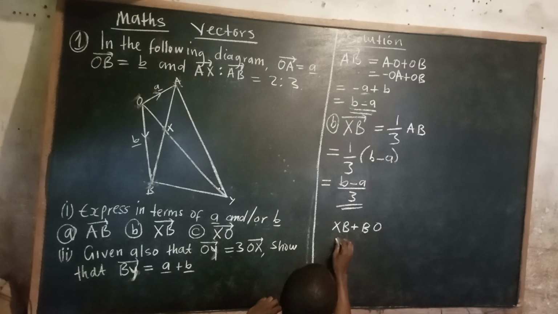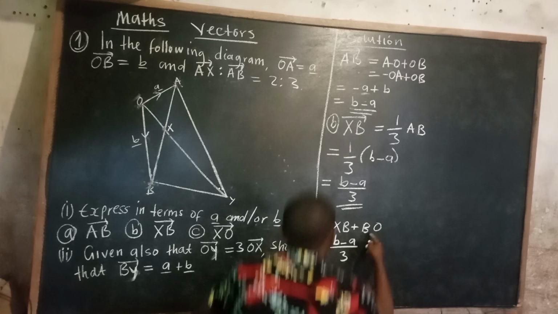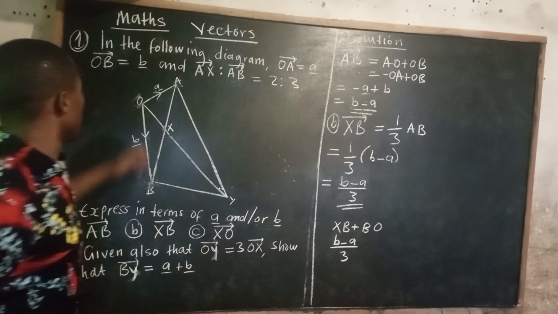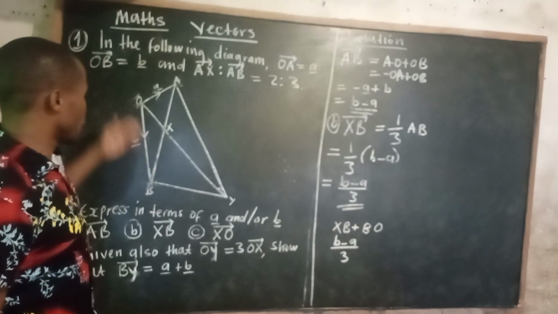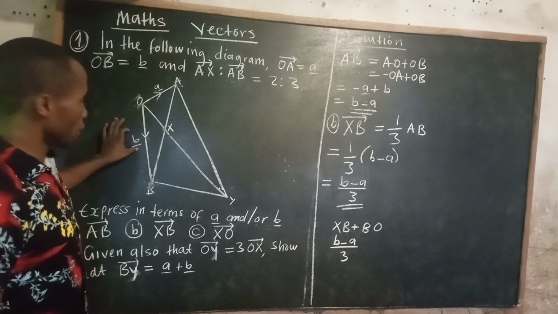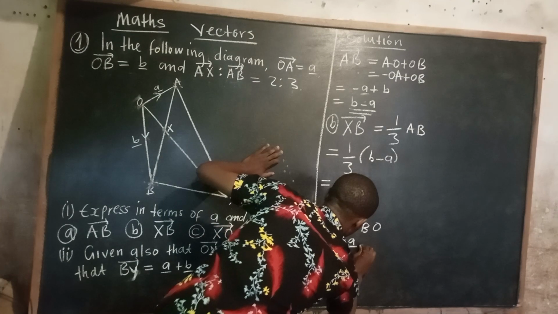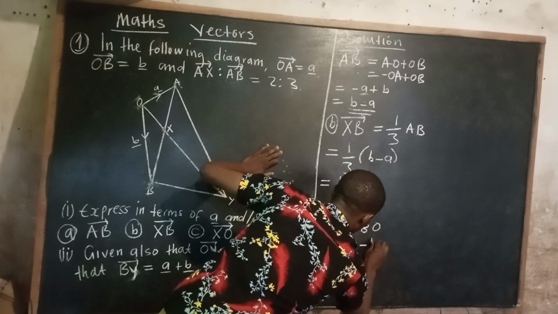So we are going to say B minus A over 3. Then for BO, remember, we are moving opposite the direction of OB. So that means this B is going to be negative this time around. So we are going to say minus B.